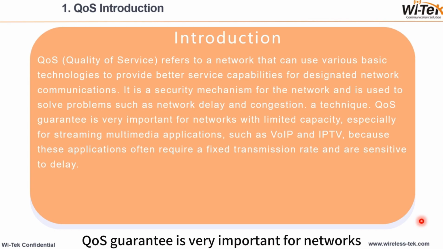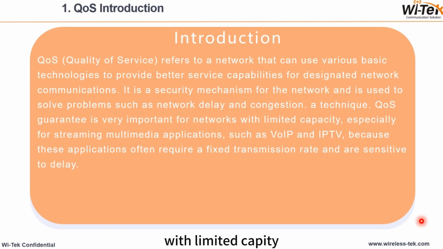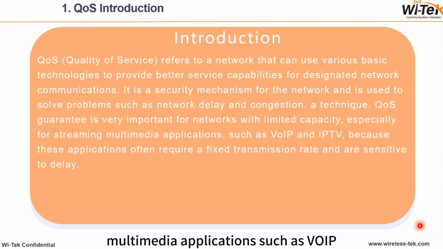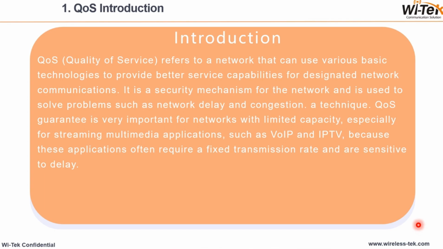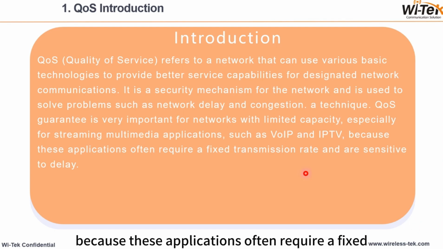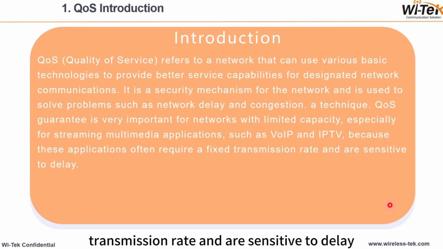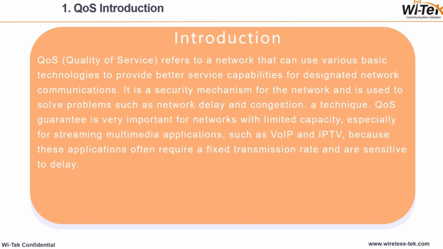QoS guarantee is very important for networks with limited capacity, especially for streaming multimedia applications such as VoIP, Voice over IP, and IPTV, because these applications often require a fixed transmission rate and are sensitive to delay.